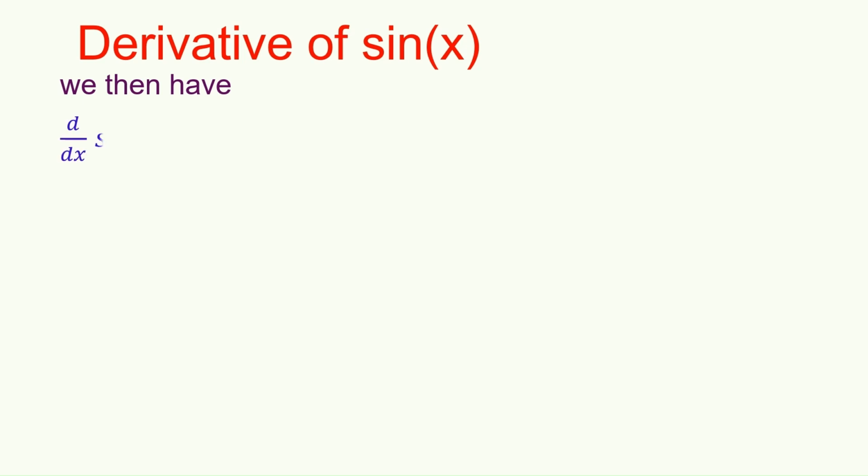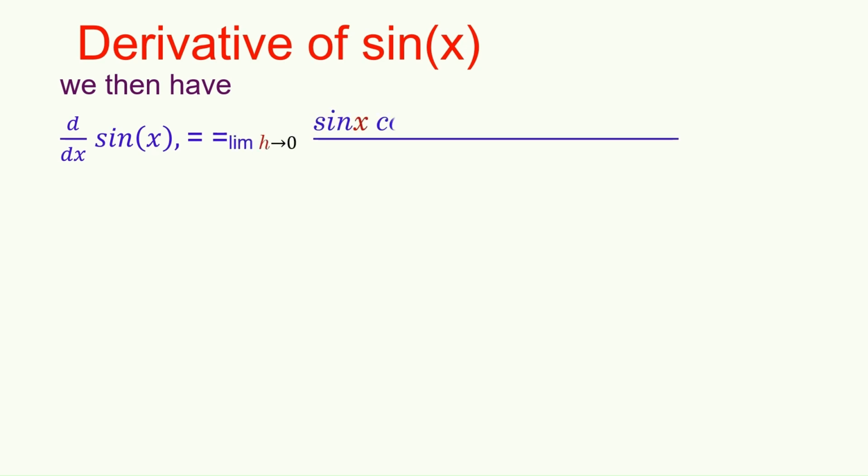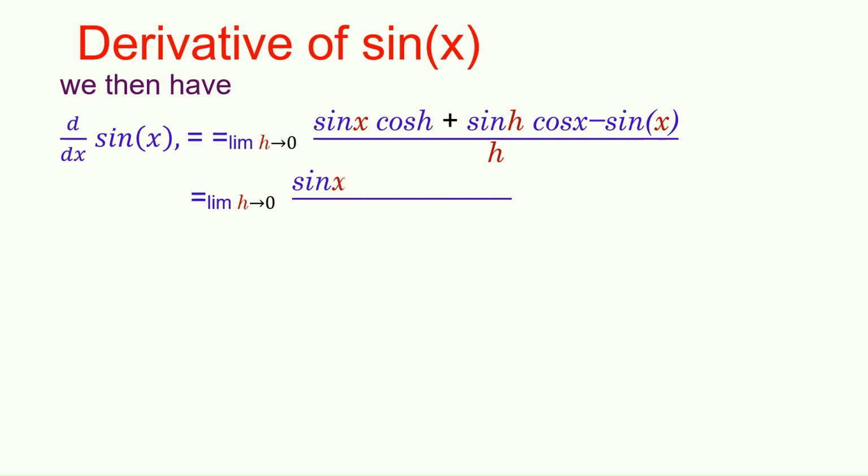We then have d dx sine x equals limit h tends to 0 of sine of x times cos of h, plus cos of x times sine of h, minus sine of x, whole divided by h, equals limit h tends to 0 of sine of x times cos of h minus sine of x, whole divided by h, plus sine of h times cos of x, whole divided by h.